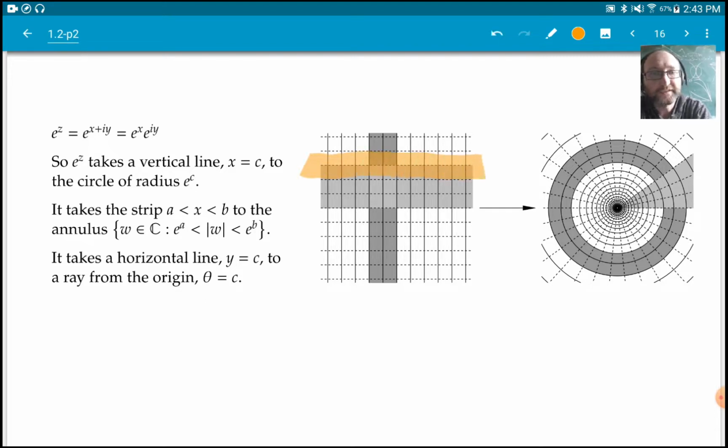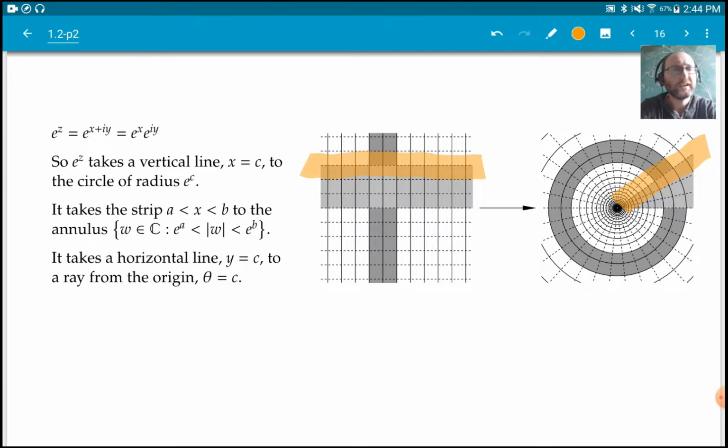Now, if I have a horizontal line, if I fix y equals c, where that goes is a ray from the origin. So it's not a whole line; it's a ray. It doesn't quite start at the origin because 0 is not in the image, but it goes from the origin, not quite including the origin, all the way to infinity.